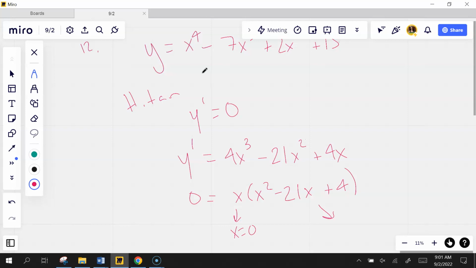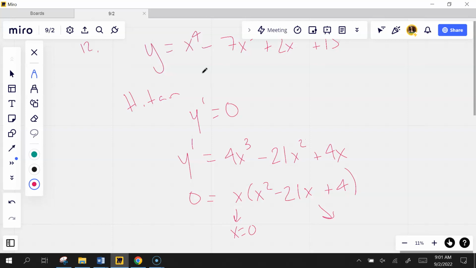The other ones, you're going to have to really zoom out on it. One's at negative 185 and the other's at like 15. No, you should still get the same answers.